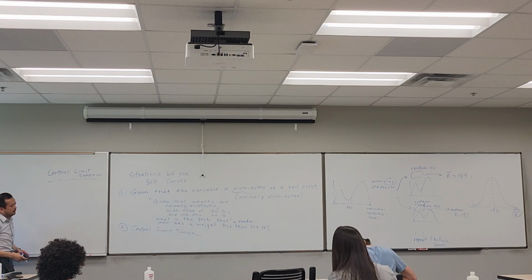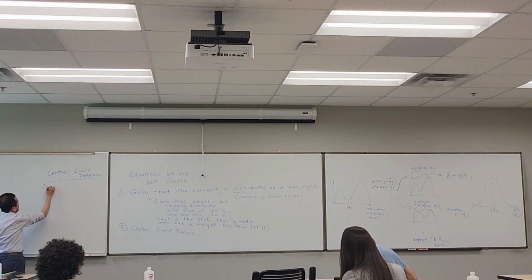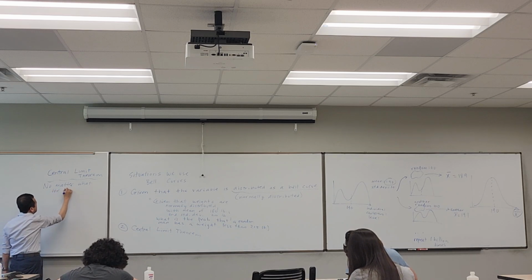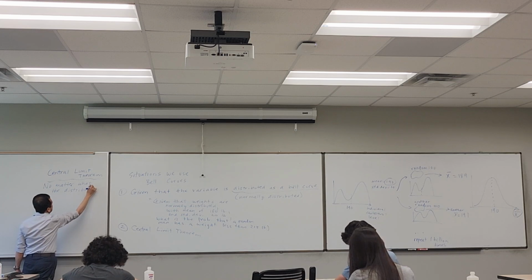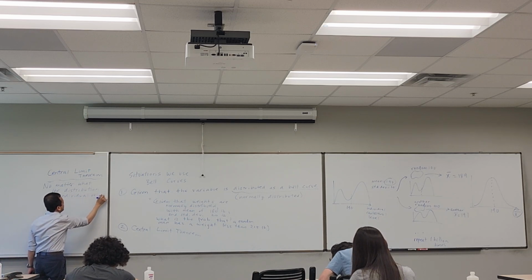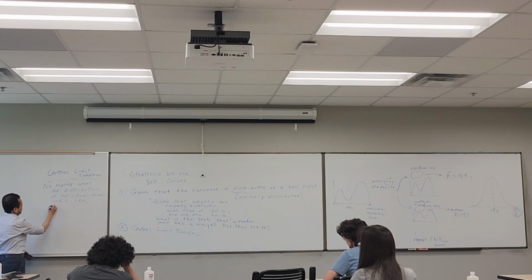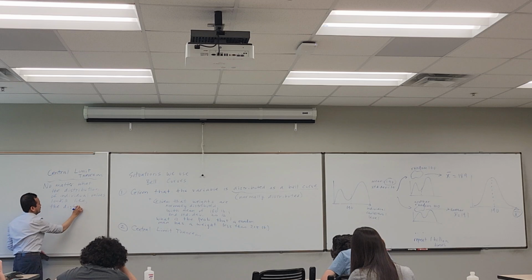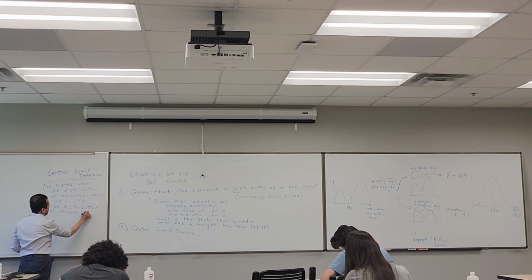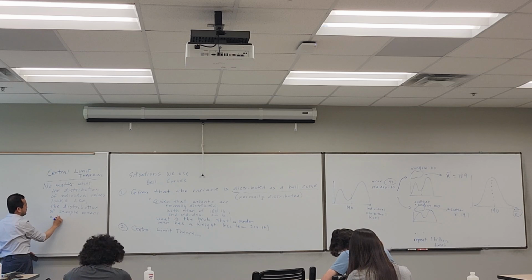So the central limit theorem says that no matter what the original distribution of individual values looks like, the distribution of sample means, so all those x bars that we have, those are sample means, will be normally distributed.